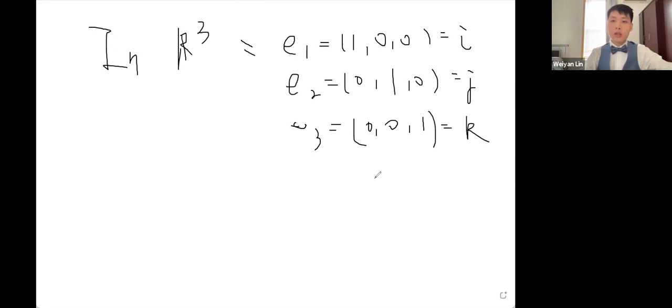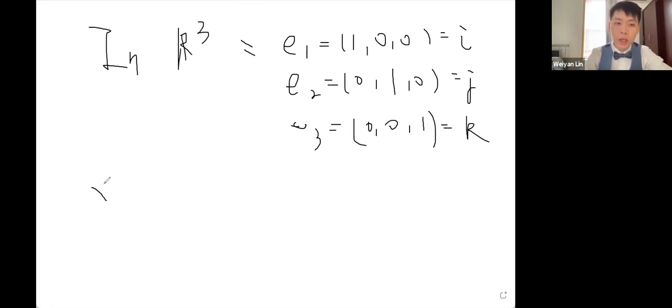Right. So if we represent vectors in R3 with I and J and K, this representation is unique. You cannot have a vector with two different representations with the same basis.